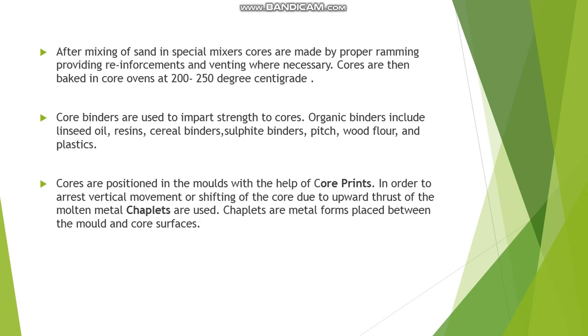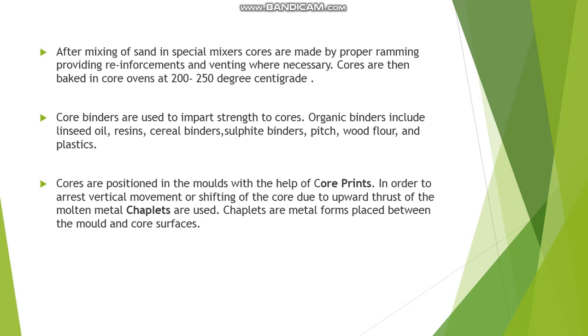The general sand which is used in the preparation of the mold does not require any heating, but cores require heating, because the core has to be hard enough. It is sitting inside the cavity where, by the force of the molten metal, the cores would have broken otherwise if they were not hard. That is why cores are heated in a core oven.